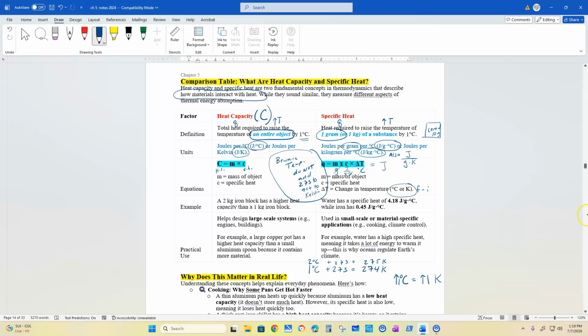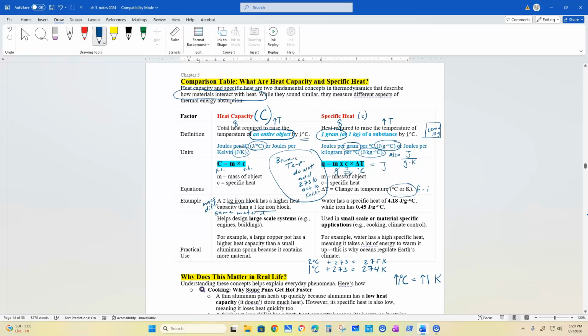Specific heat, little c, has 3 units, whereas heat capacity only has 2 units. An example of this would be if I was measuring 2 grams of iron, that has a higher heat capacity than 1 gram of iron, because the mass is different, but you have the same material.